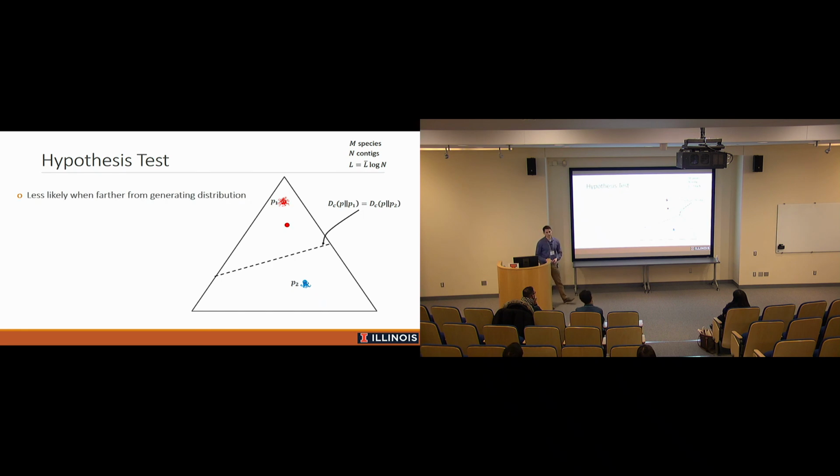Intuitively, the farther away it is from P1 in KL divergence, the less likely it was generated by P1. So here, it's still assigned correctly, but eventually you're going to get to a point where you're incorrectly assigning the contig to P2.